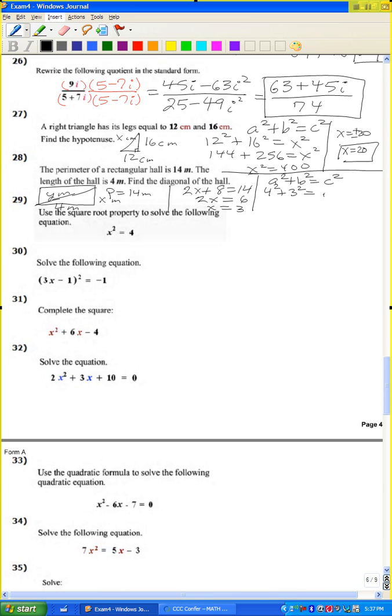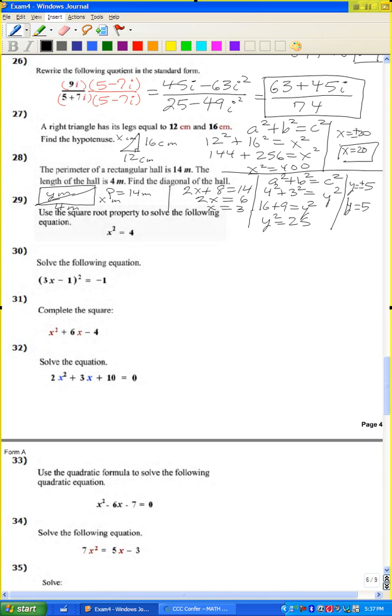So 16 plus 9 is y squared, and y squared is 25. So y is equal to plus or minus 5. Since it's a length, it'd just be 5.